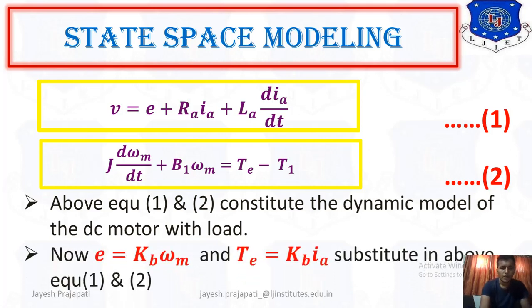Now we take E is equal to KB into omega m and Te is equal to KB into Ia, and substitute them in equations number 1 and 2.